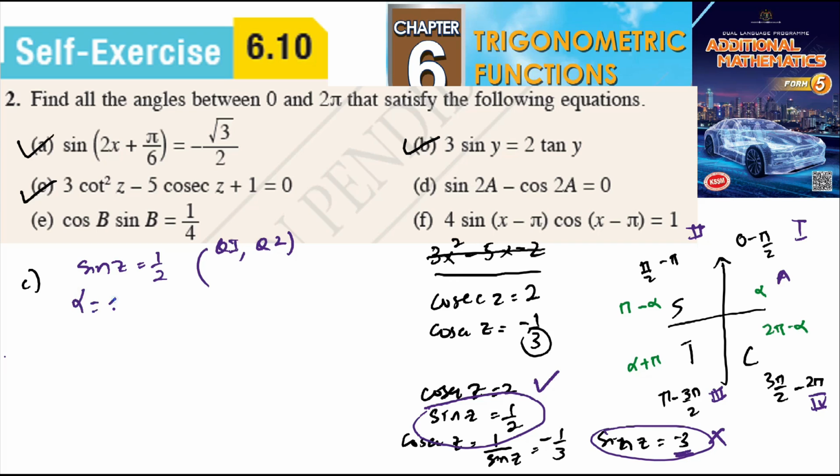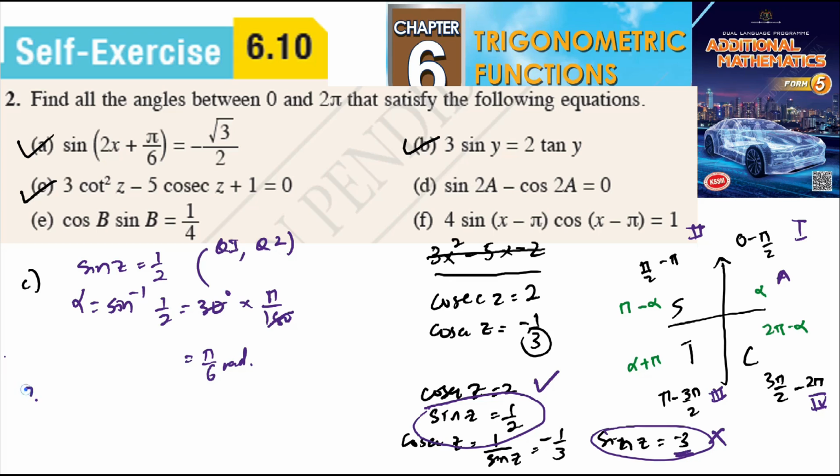So alpha is equal to sine inverse 1 over 2. Using your calculator, I get 30 degrees. Using radians, times pi over 180, which is equal to pi over 6 radian.